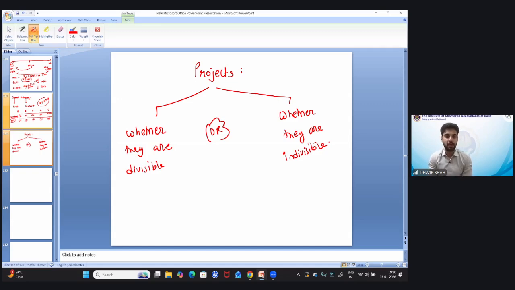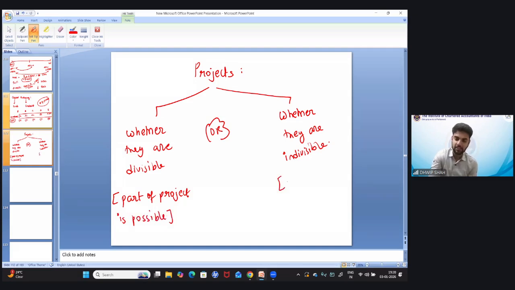Now, what do you mean by projects are divisible? It means part of the project is also possible. And indivisible means part project is not possible.